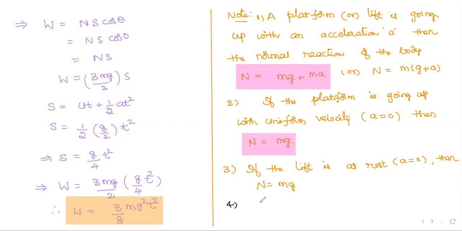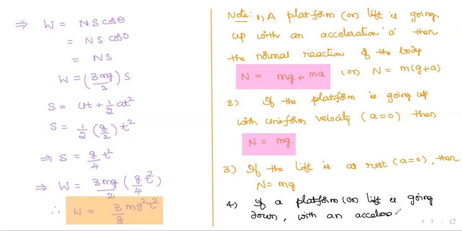That's why here if I say, if a platform or lift is going down, not up, again you have to check with an acceleration or with uniform velocity. Suppose I say with an acceleration a, then what will be the normal reaction?